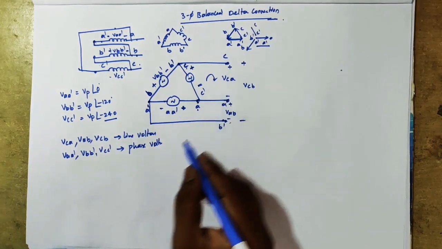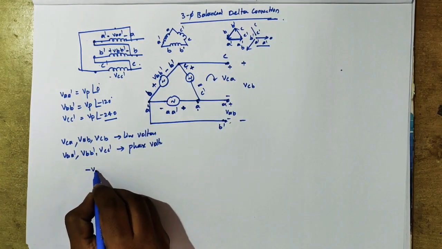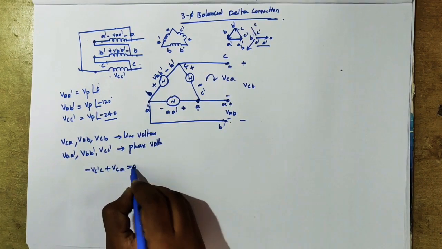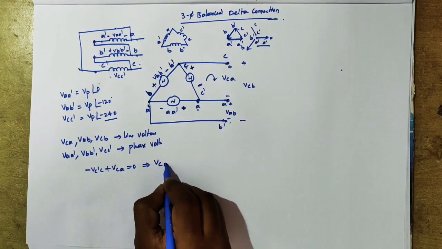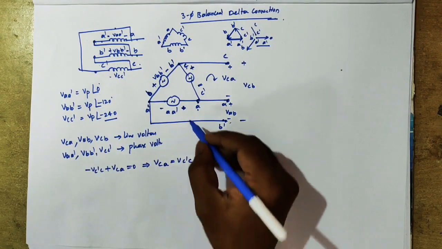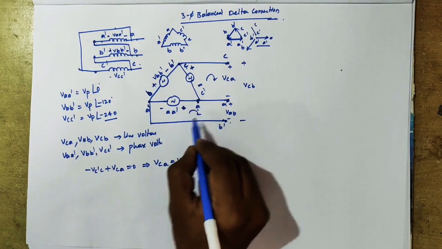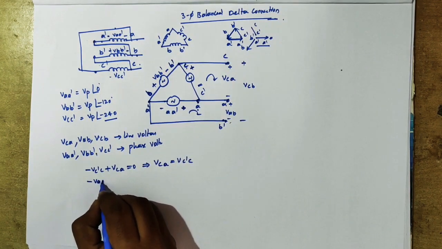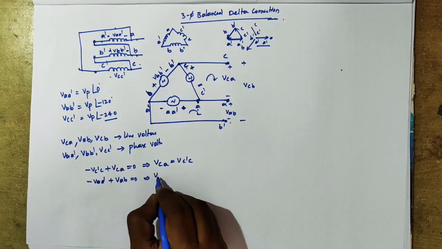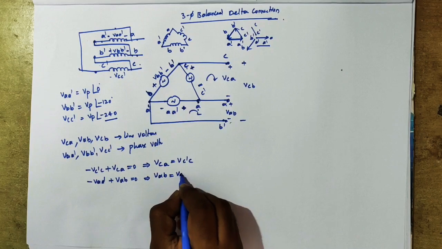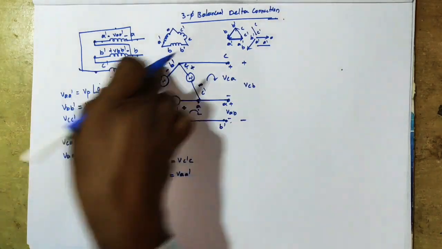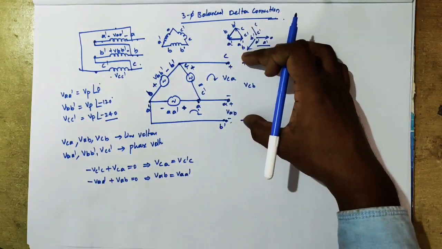Here, one loop equation: minus VC'C plus VCA equal to 0. Therefore, the line voltage VCA will be equal to VCC'. Similarly, in the loop here, minus VAA' plus VAB equal to 0. Therefore, the line voltage VAB equals VAA'.